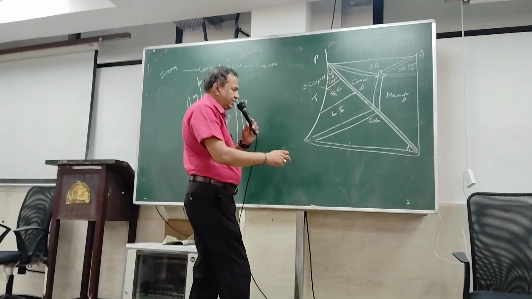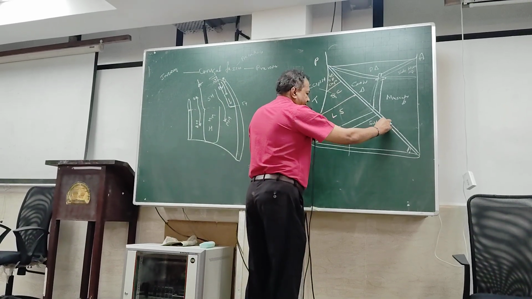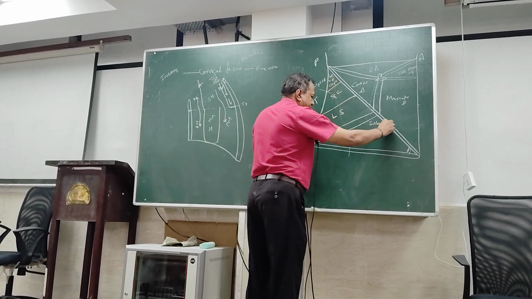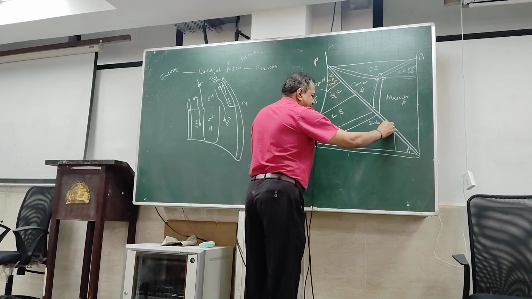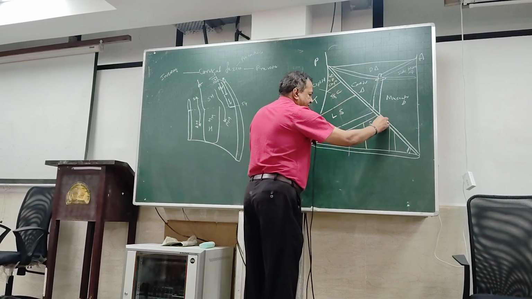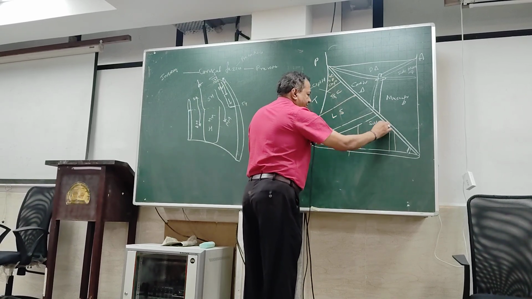Now here there are muscles like scalenus anterior, scalenus medius, scalenus posterior. These are the scalene muscles.